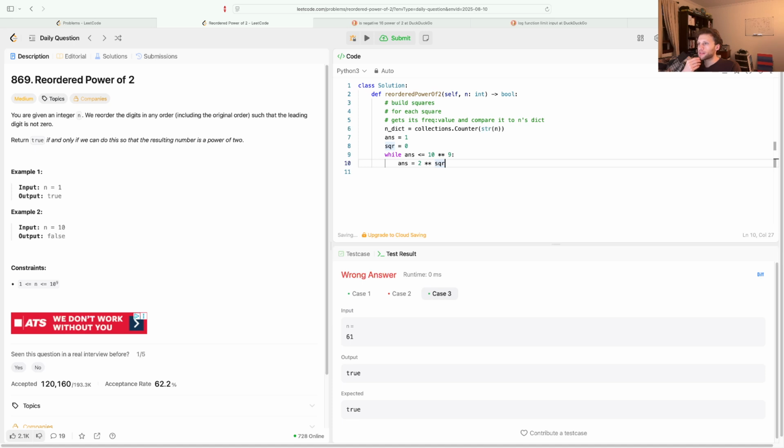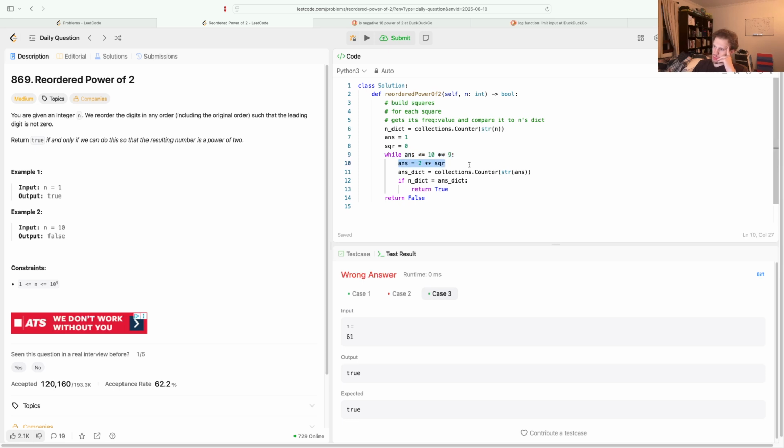We get the square of it, which is 2 to the square, and that's ans. So we're looping while ans is less than or equal to 10 to the 9th.